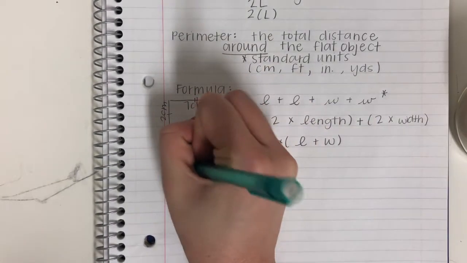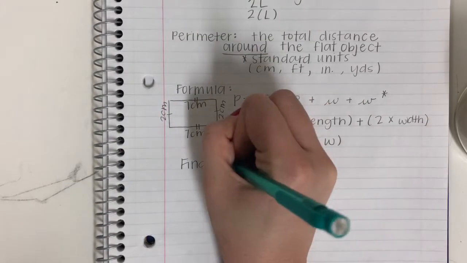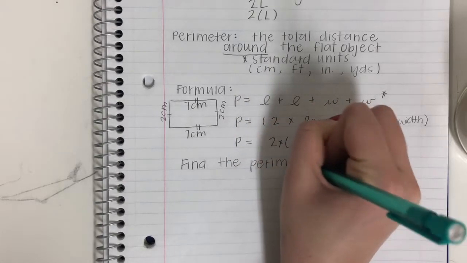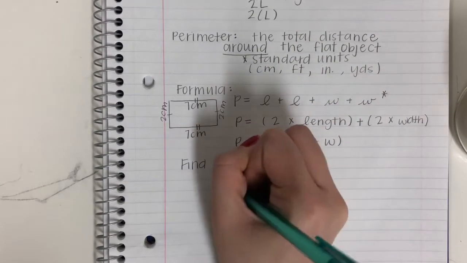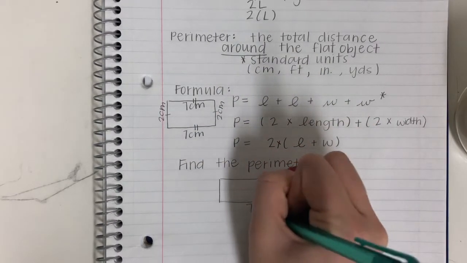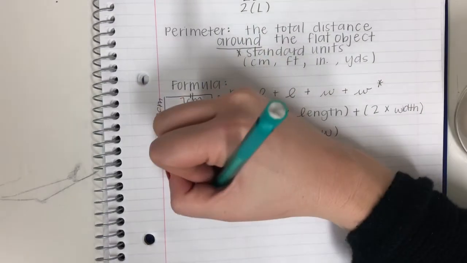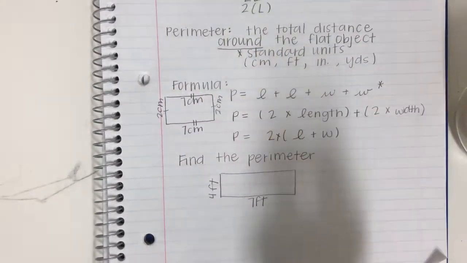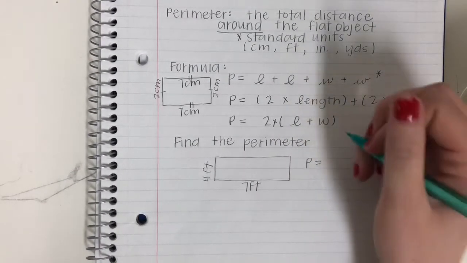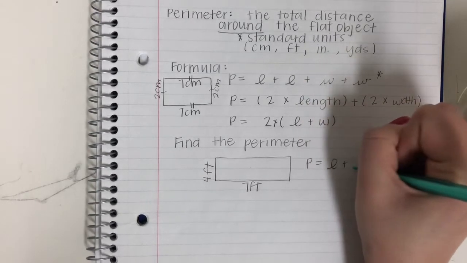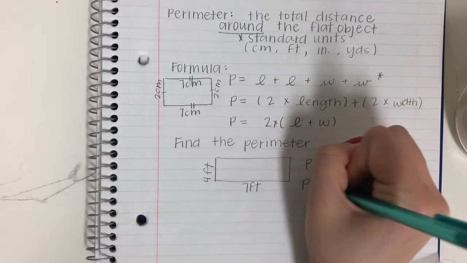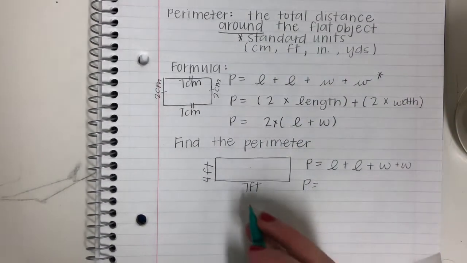Okay, so let's do find the perimeter. We're going to do the same steps as we did with area. So we have 7 feet as our length, and then we have 4 feet as our width. So first thing we're going to do is write our formula. So I'm going to do the first formula. So P equals length plus width plus width. Now I need to fill in my known information. So I know my length is 7.